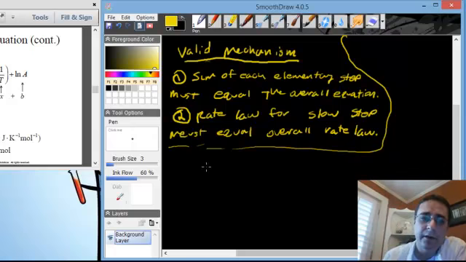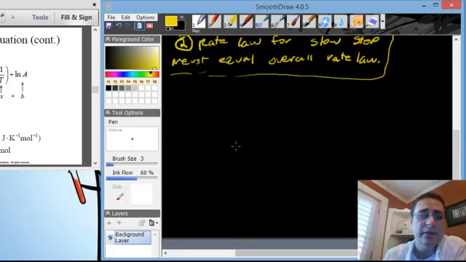So you might be thinking, how do we know how fast each elementary step is? Well, there is one general rule that you should know in regards to that, and that rule is that the probability of that collision happening determines how fast that step is.